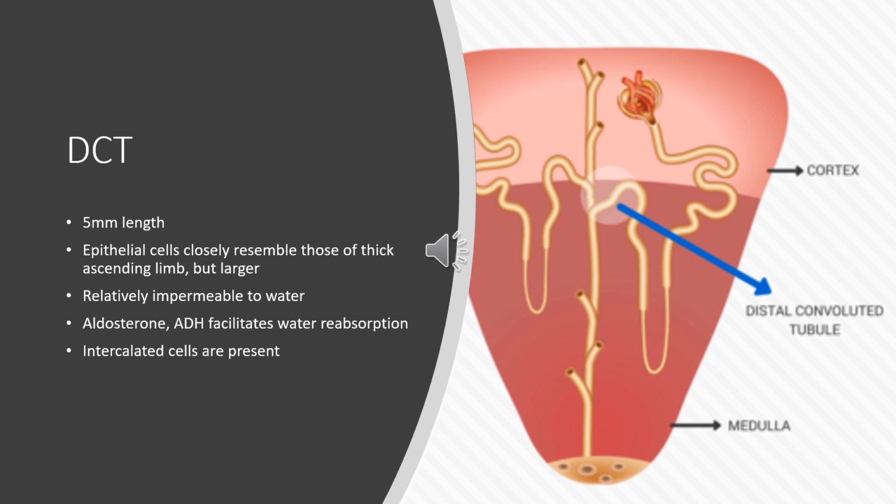But the cells in DCT are comparatively larger in size. Also, a few intercalated cells with microvilli are present here. This segment is relatively impermeable to water, but hormones like aldosterone and antidiuretic hormone can facilitate the reabsorption of water from this segment.